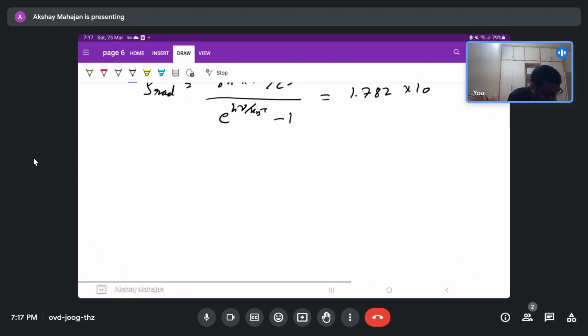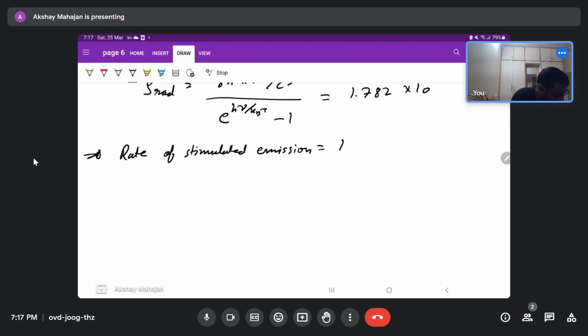So now we can find our final rate of stimulated emission from our initial formula. We get B times this radiation density that we have calculated.